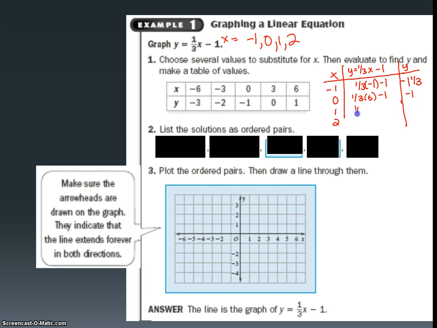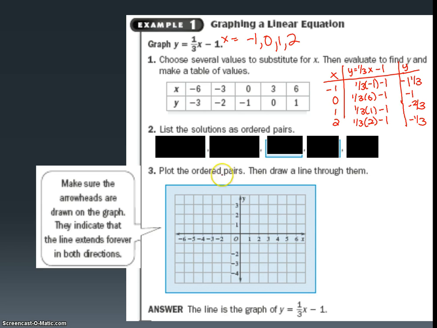Then 1 is 1/3 minus 1, which is -2/3. 2 is 1/3 times 2 minus 1. 1/3 times 2 is 2/3 minus 1 is -1/3.